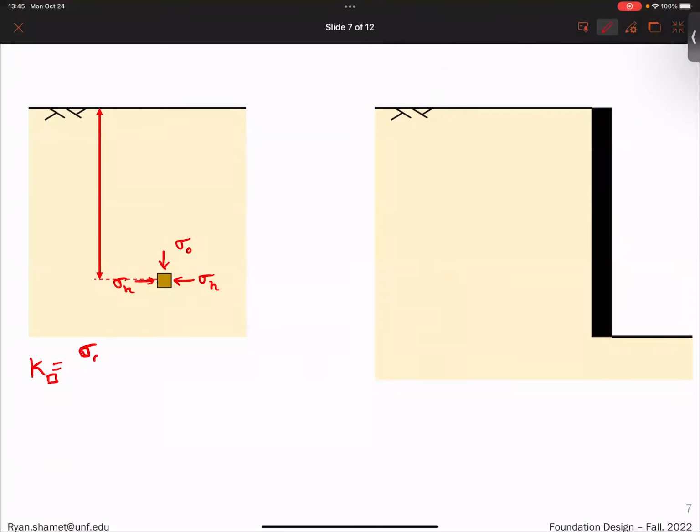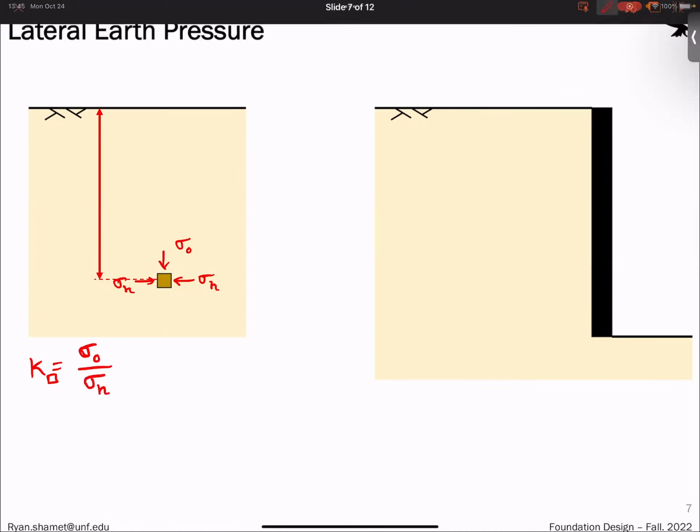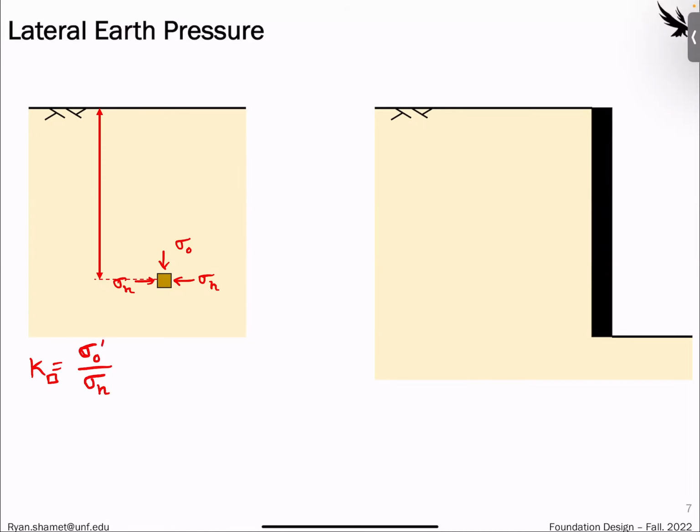This is equal to the original condition, sorry, not at rest, original, divided by the horizontal. And now since we're in geotech, these are always going to be effective stresses. So we take out the water. That's easy because the water is going to be acting the same. The pressure from the water in the vertical direction is the same as the horizontal direction.